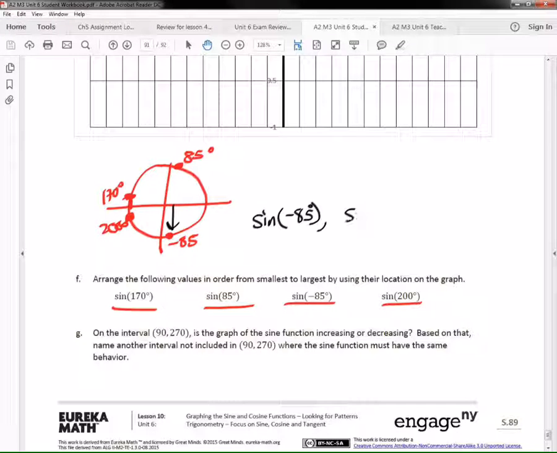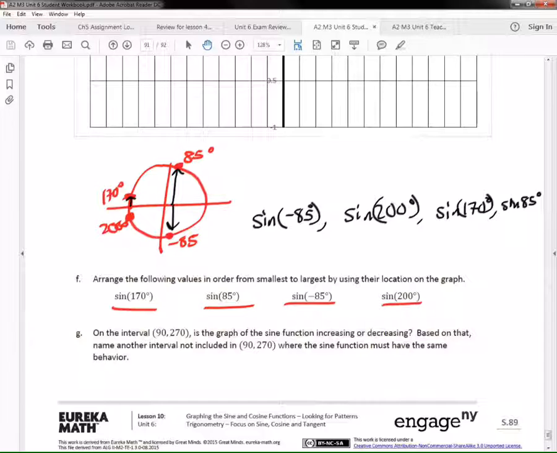So we're going to write sine of 200 degrees. That one is the next biggest one. And which one is going to be the next biggest after that? The distance from the x-axis to 170 or the distance from the x-axis to 85? 170 would be next. So you say sine of 170 degrees. So it's pretty much easier if you graph it. Oh yeah, totally. Way easier if you graph it.